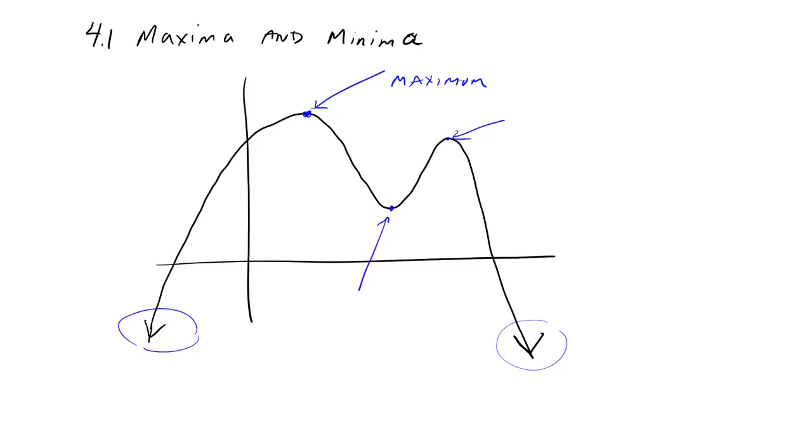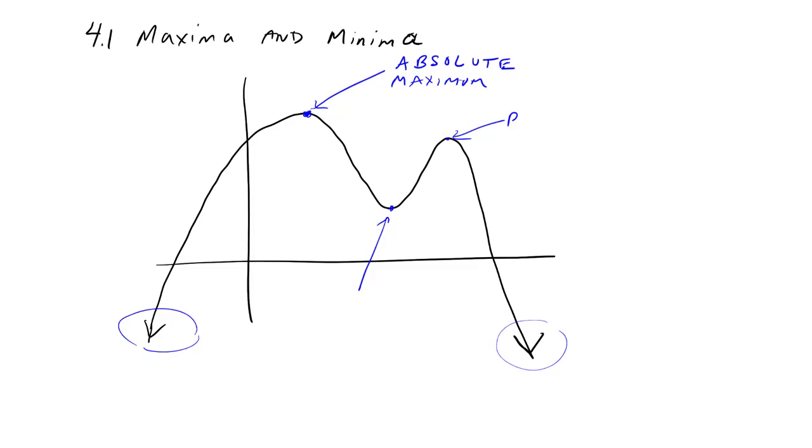So we want to give them a name. That's why we're going to distinguish between things that are overall the maximum and things that are just nearby the maximum. So going back to the top one, I'm going to call this one an absolute maximum because it's the maximum of the entire function. All right.